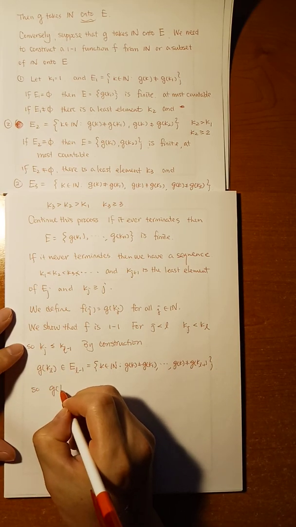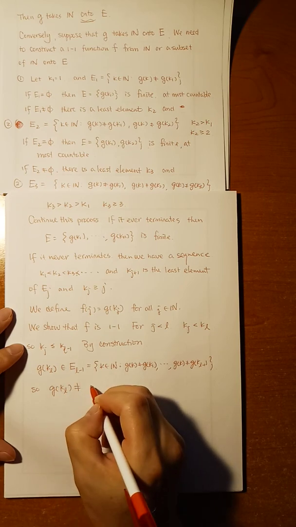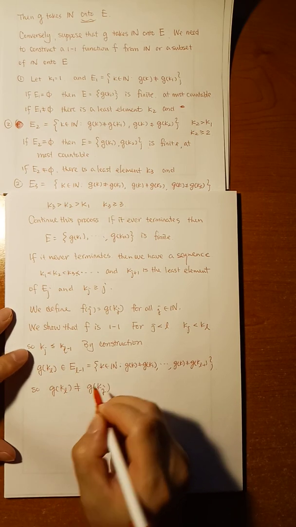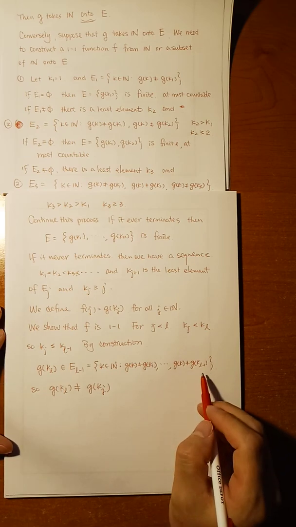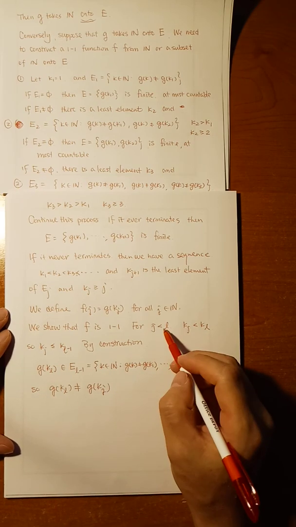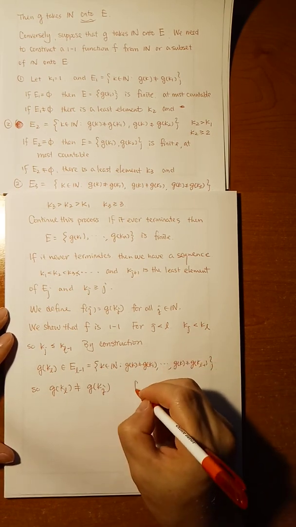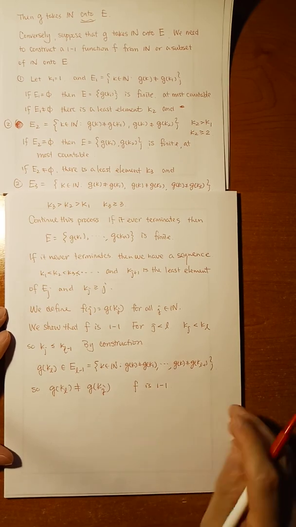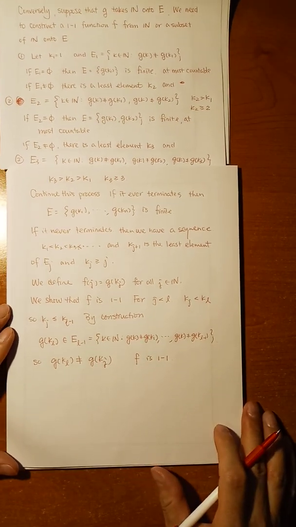So G(KL) is not equal to G(Kj), because Kj is one of them. So we do have 1 to 1. F has to be 1 to 1.